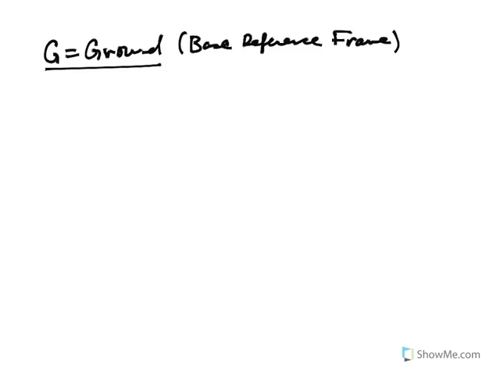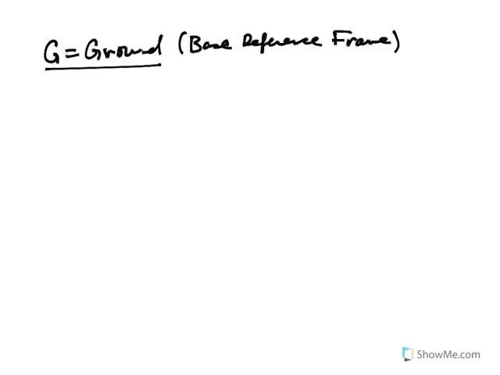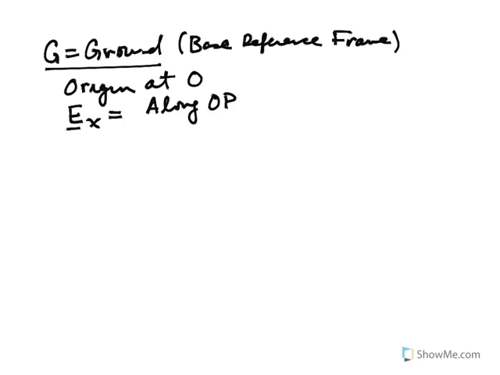And the coordinate system that we're going to choose, if you look at the diagram here, is the following coordinate system that's fixed to the ground. The origin of the coordinate system is going to be at point O. I'm going to choose EX to be along OP when theta equals 0, and that's basically in the diagram the direction to the right.